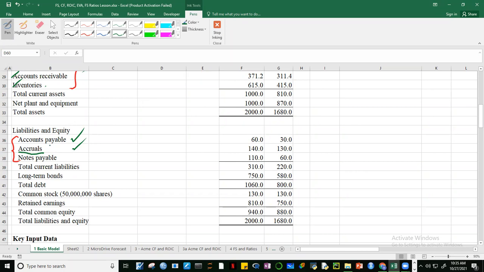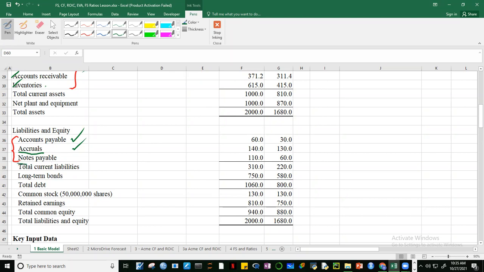For example, power, utility, electricity. You use the electricity first and then you get the bill for that. So you have already utilized the electricity, it has already been expensed, but we have not yet paid for it. So that's an example of an accrual. Expense that has already been incurred, but not yet paid. So this is part of operations.